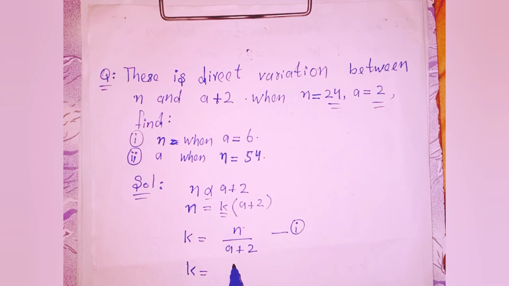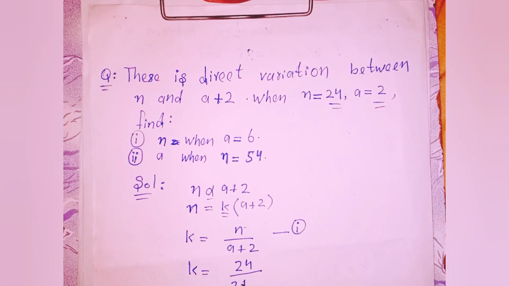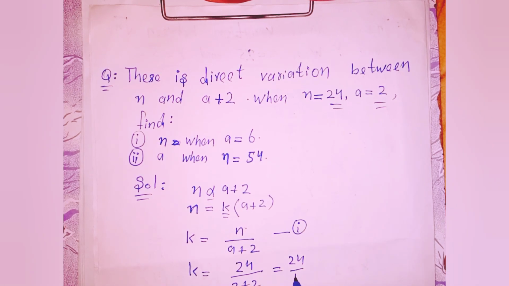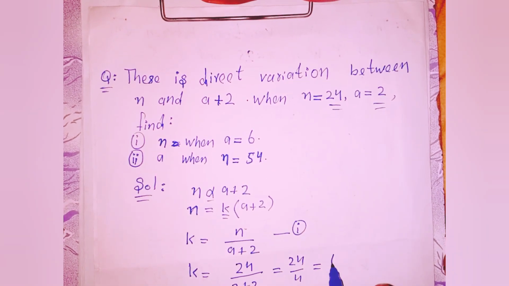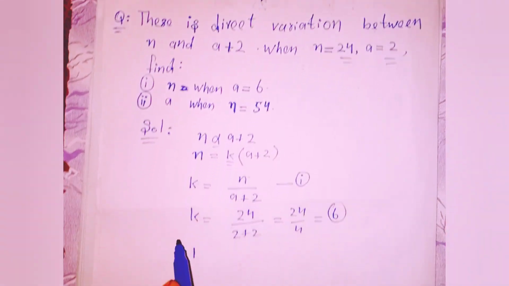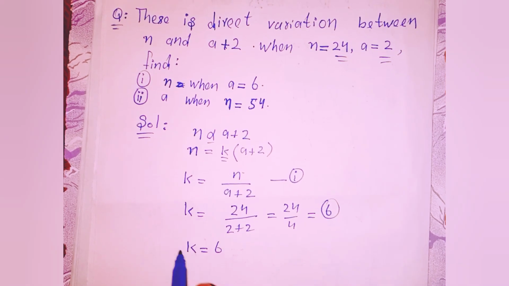So putting the values of a and n, we get the value of k is 6. So we can write k is equal to 6.